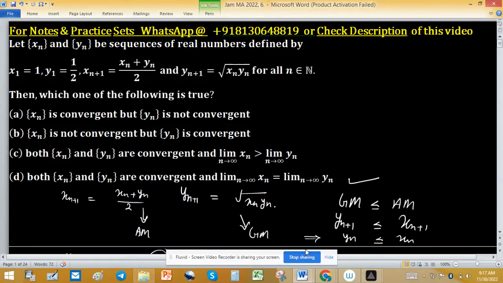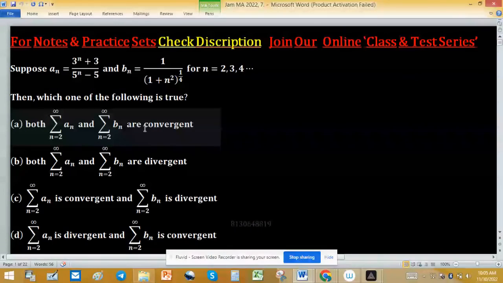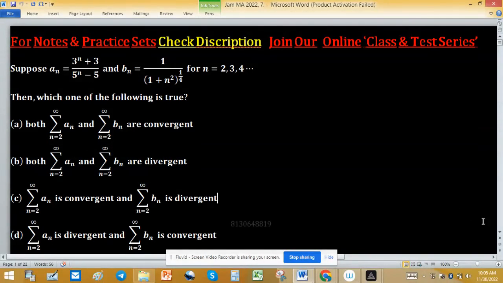Option D is correct. An and bn are two sequences, and we define two series using an and bn, and we have to tell about the convergence of the series an and bn.